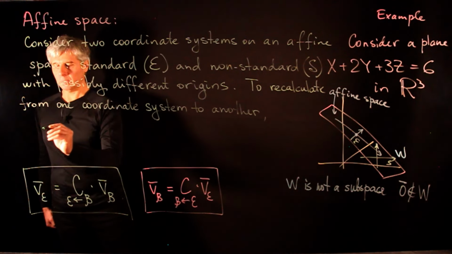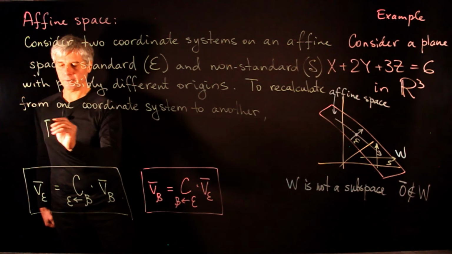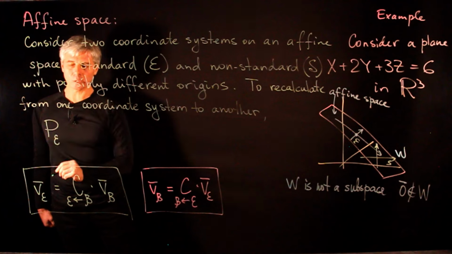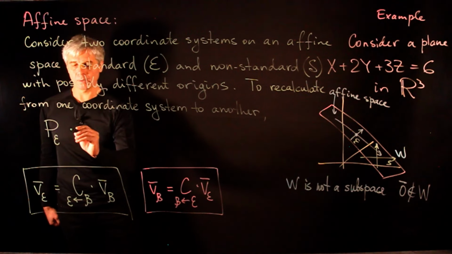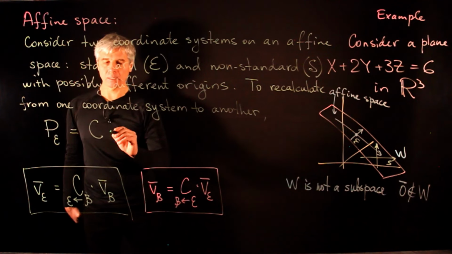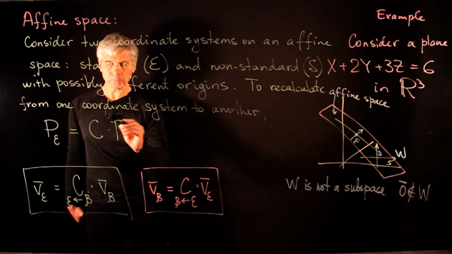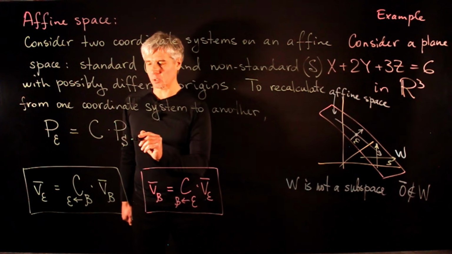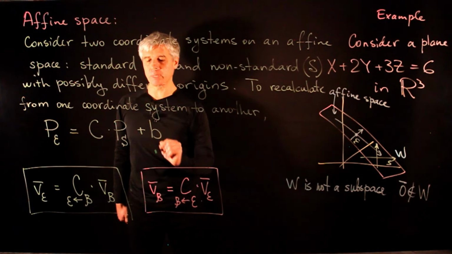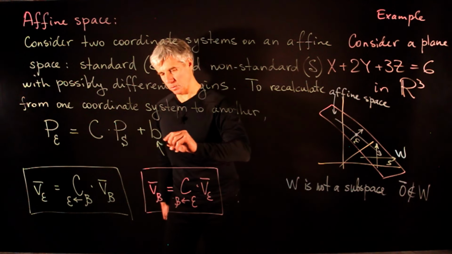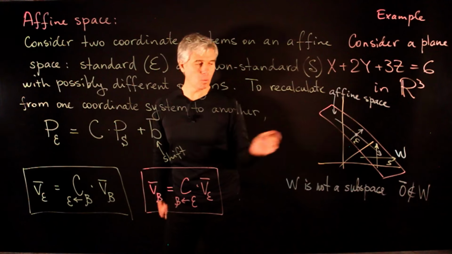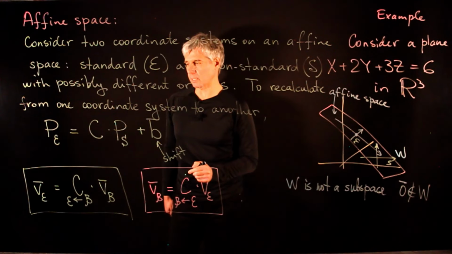So if we have, say, point P on an affine space, then the standard coordinates of this point P will be obtained as some matrix times non-standard coordinates of this point plus some shift vector B. So this vector B represents the shift between the origins of the two coordinate systems.